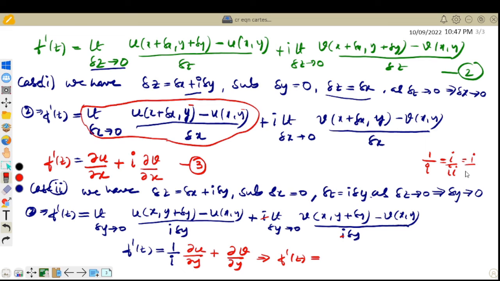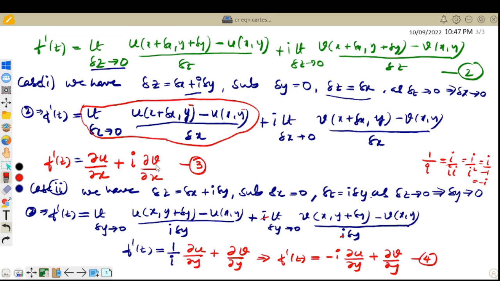So i divided by the denominator becomes i square. i square becomes minus 1. i by minus 1 becomes minus i. So I am writing this as minus i into dou u by dou y plus dou v by dou y. Call it as 4.